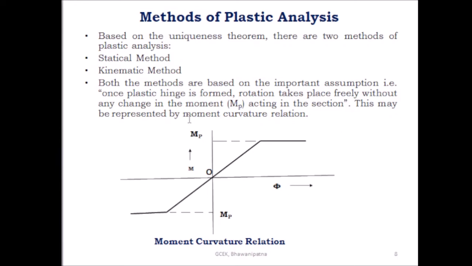This may be represented by moment curvature relation. This is the moment curvature relation. This axis indicates the plastic moment and this axis indicates the curvature. After formation of plastic hinge, the rotation takes place freely without any change in the moment acting in the section.